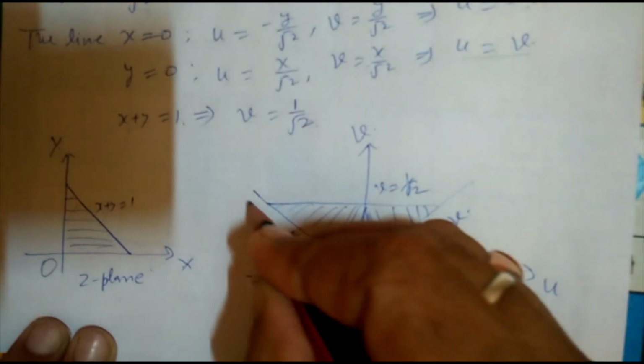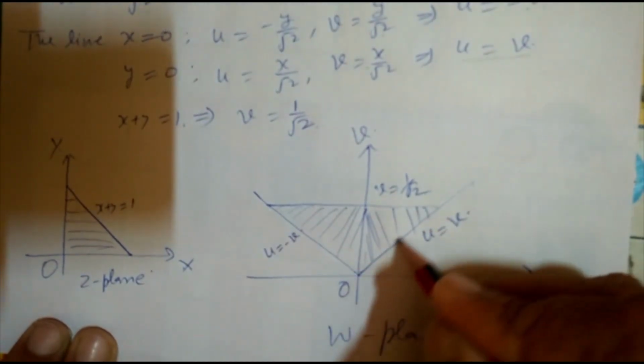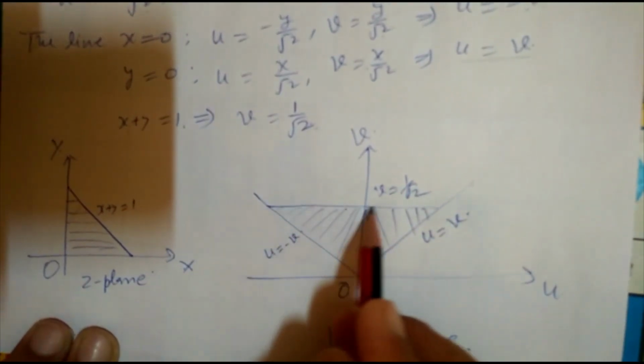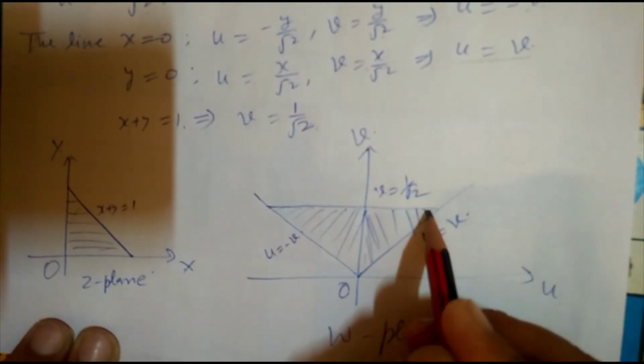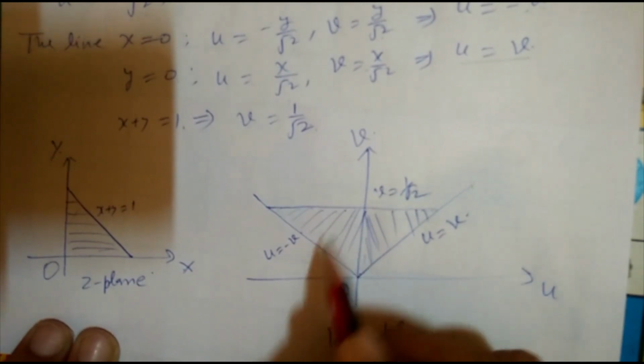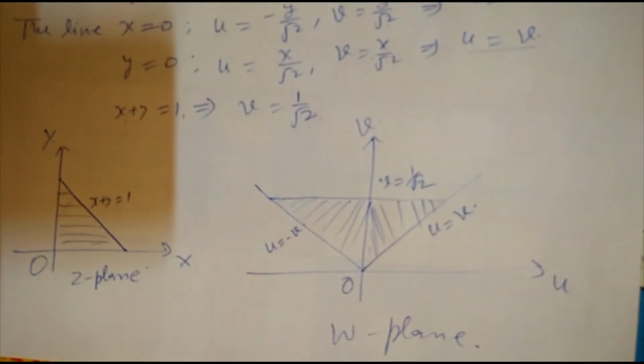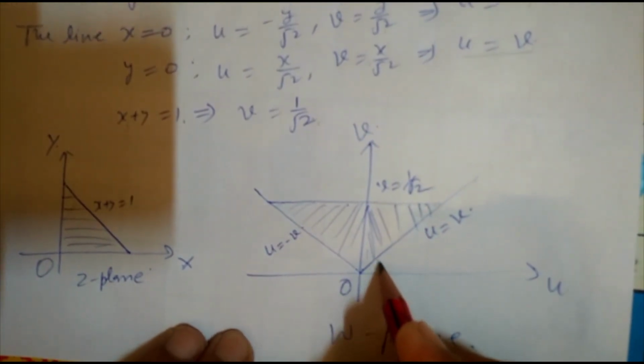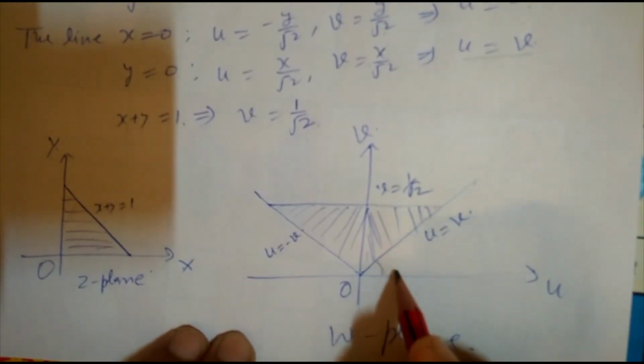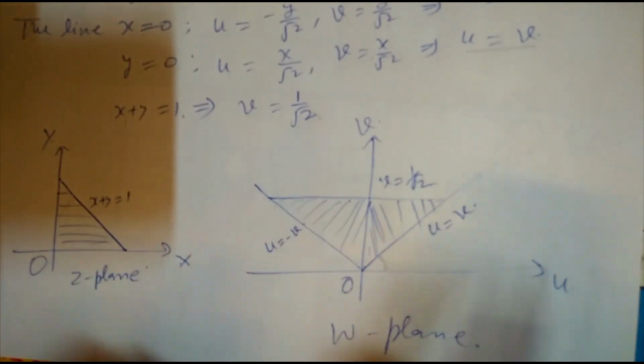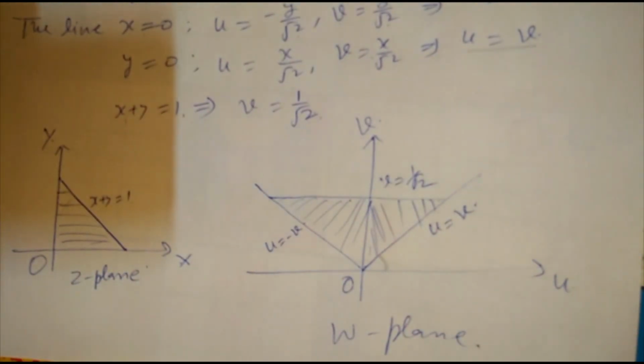So this line is u is equal to minus v, and this line is u is equal to v, and this line is v equal to 1 upon root 2. So this boundary region is the region in the w plane, that is this triangular region rotated with an angle of pi upon 4. So this is the graphical representation of the given problem, that is the graphical representation in the z plane transformed to the representation in the w plane.